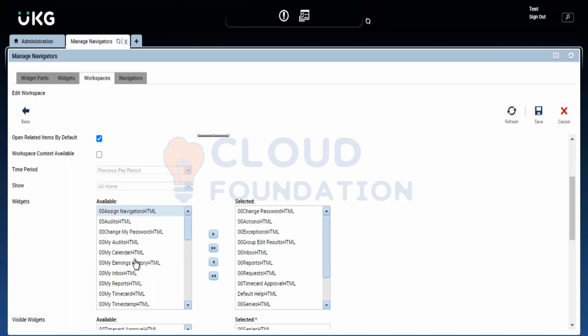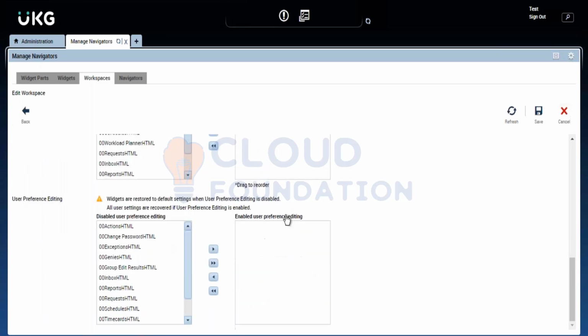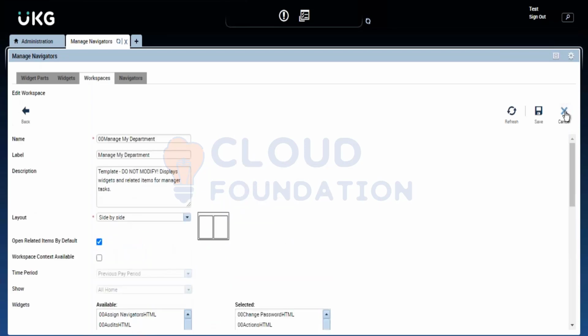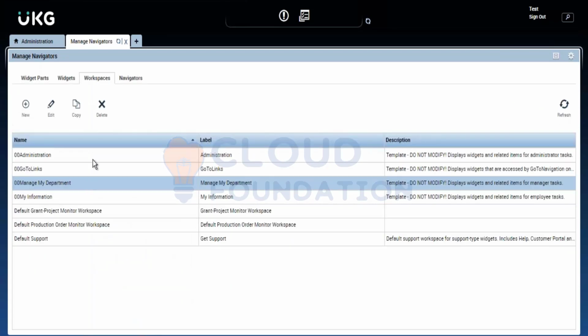So I have all these widgets, right? So I'm going to select which all I want. So these get loaded in my related items pane: time card, genies, requests, reports, inbox, group edits, exceptions. So that is it about workspaces. So you assign one or two workspaces to Navigator.